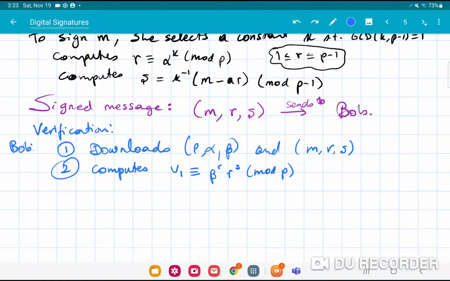These are the numbers he needs, and P also.